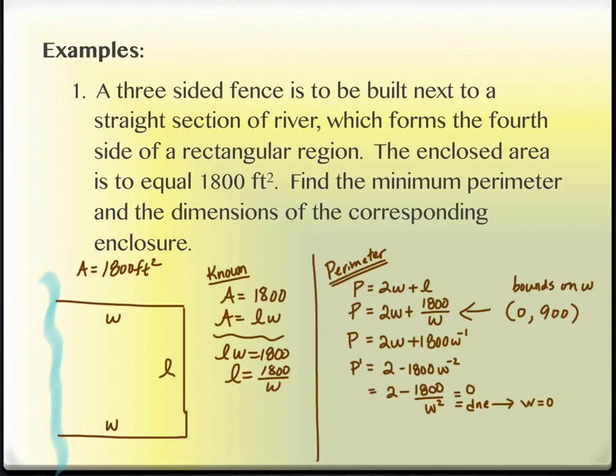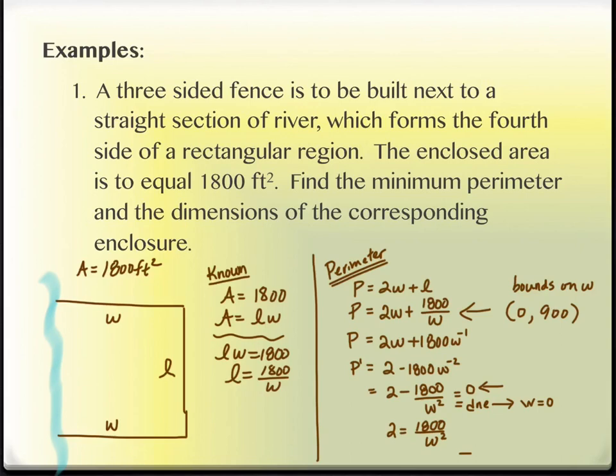It doesn't really give me any more information I already had. The equaling 0 part, though, is a little bit more interesting. So if I set this equal to 0, one of the things that you might do first is to put the pieces on both sides of the equal sign. So if I left the 2 where it was, and I moved my 1,800 over W squared like this.